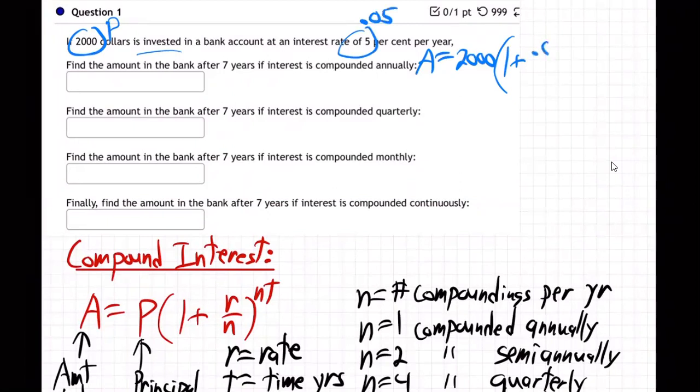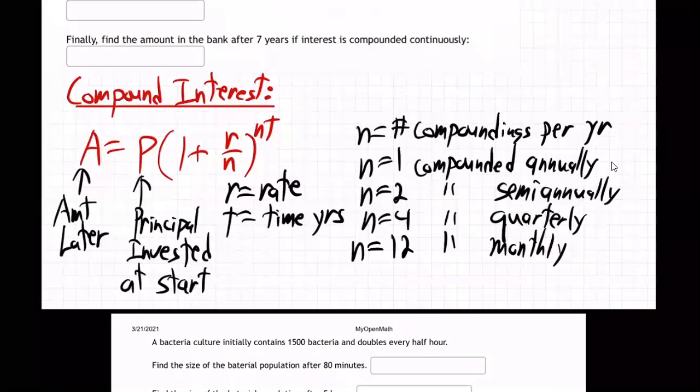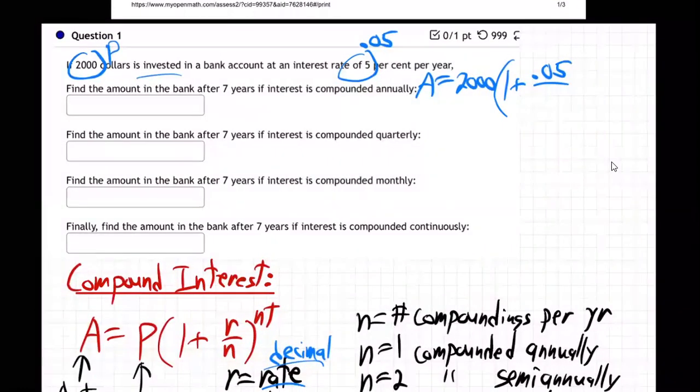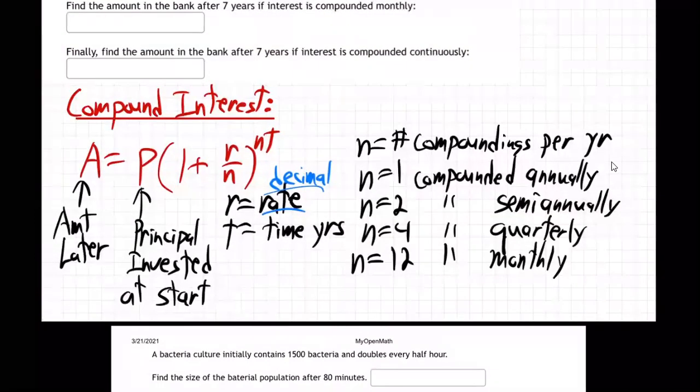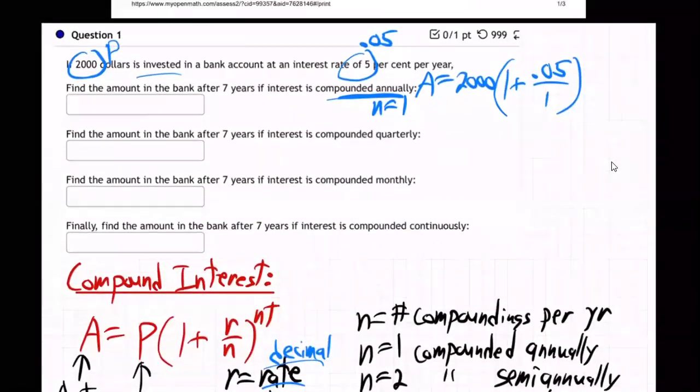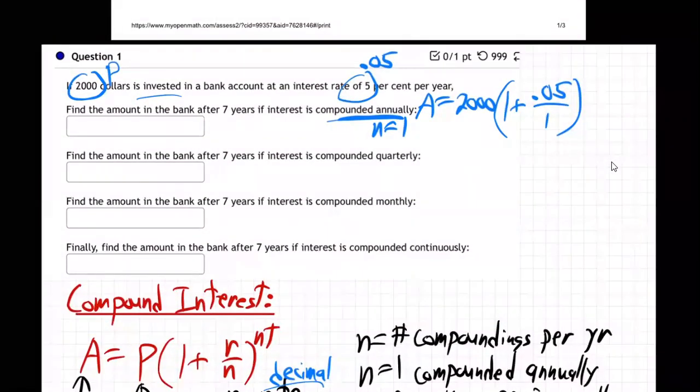Got to be a decimal. 0.05 over n. Now n, they're compounding annually. So that means n is 1, once per year. n is 1 for compounded annually. That means 1 time a year. To the power nt. 1, and what was t? 7 years. That's t equals 7. 1 times 7.